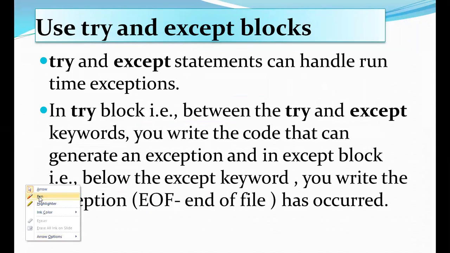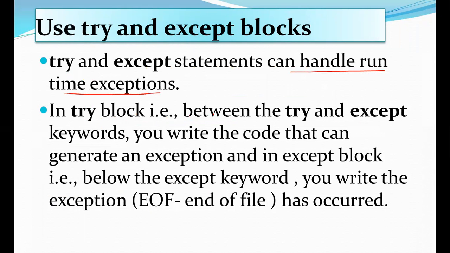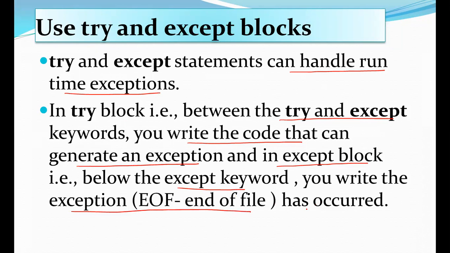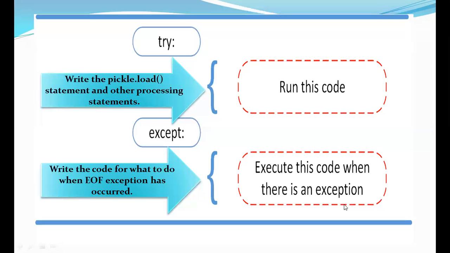The try and except statement can handle runtime exceptions. In the try block, between the try and except keywords, you write the code that may generate an exception, and below the except keyword, you write the handling for the exception, that is, the end of file has occurred. Under the try block, write the pickle.load statement and other processing statements.